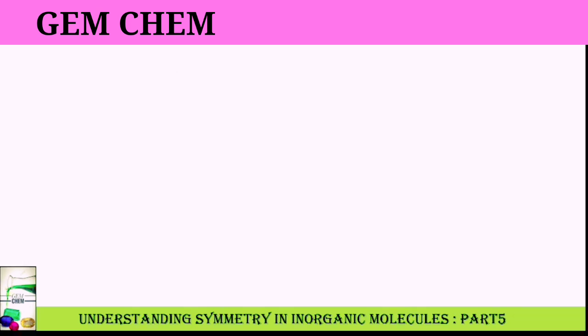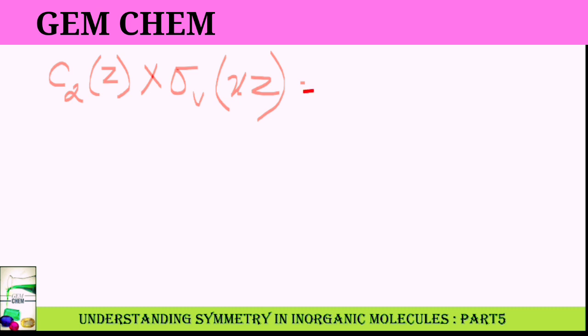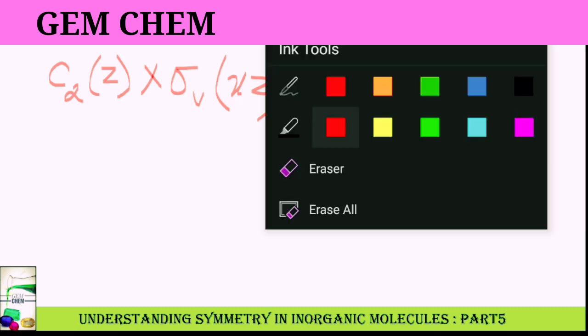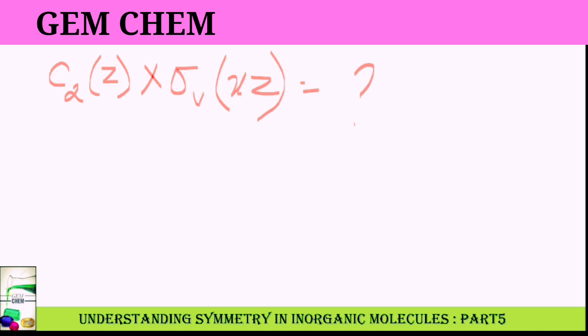Now you can try doing C2z into sigma xz and let me know in the comment what operation you get from here. Right? Now after this we are going to see what are the general formulas for the matrix in case of Cn axis.